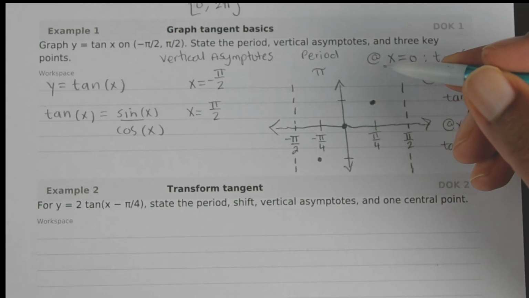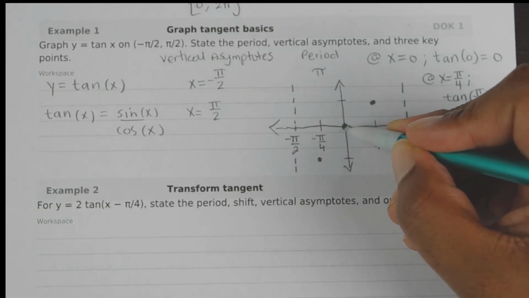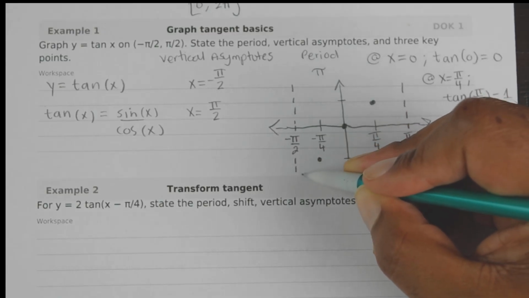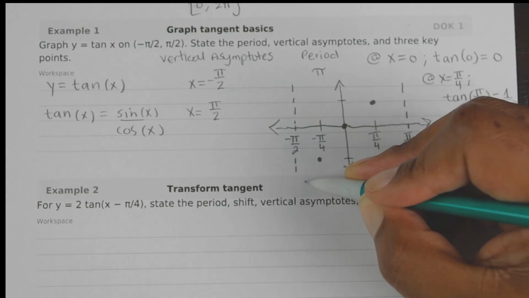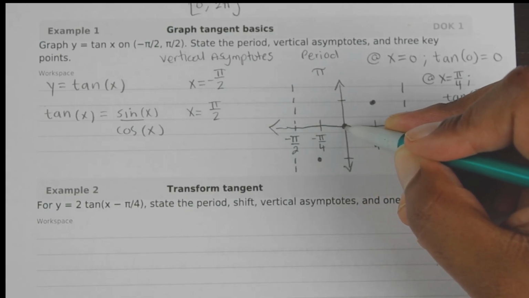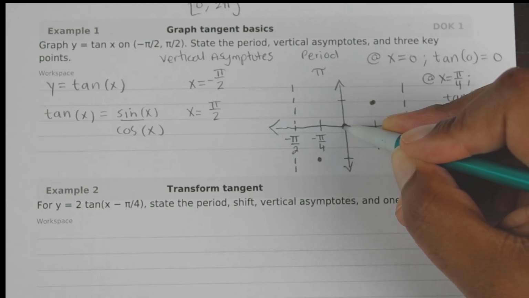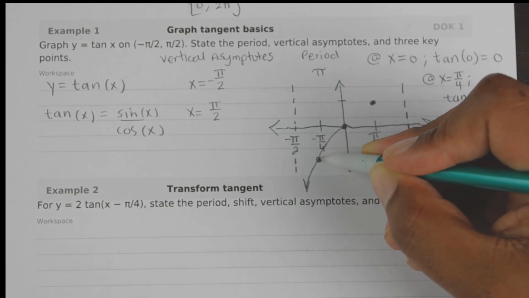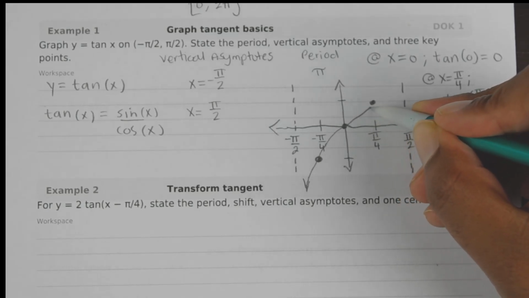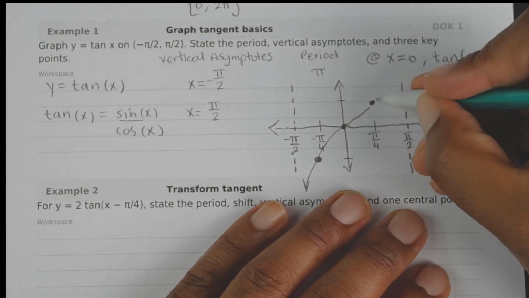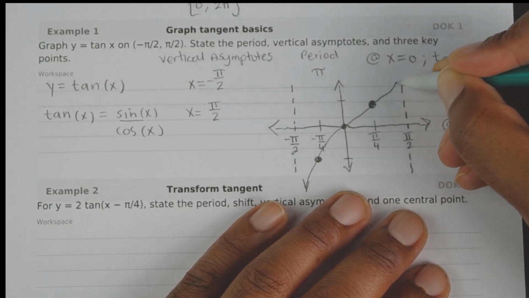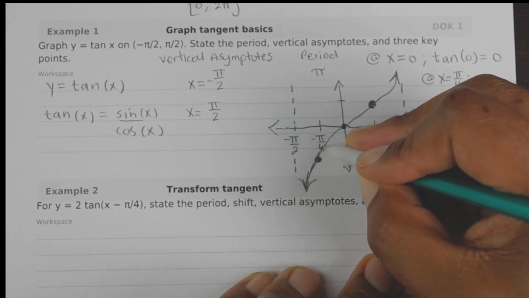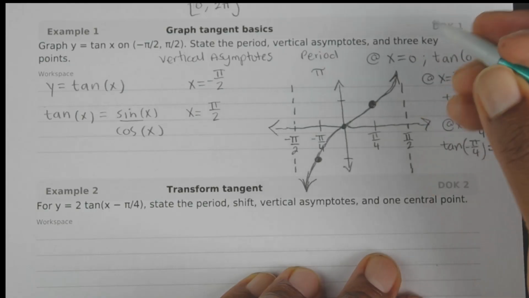So I'm going to cross the origin here, and I want to get close to the asymptote, like that. You can see it kind of turns.